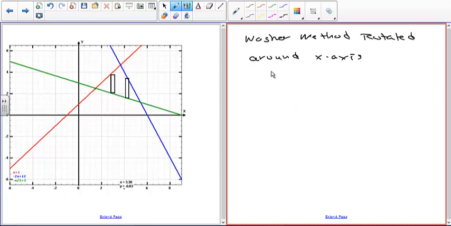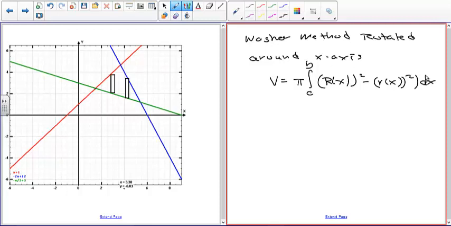So if you remember, the washer method says that the volume is equal to pi times the integral from a to b of capital R of x quantity squared minus small r of x quantity squared times dx.